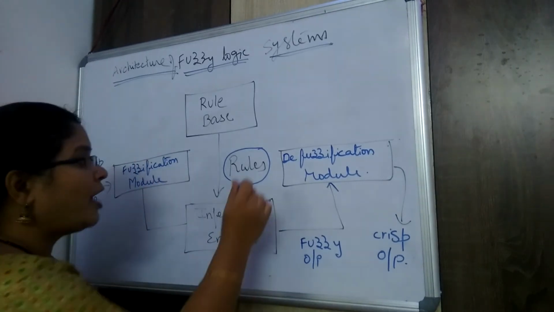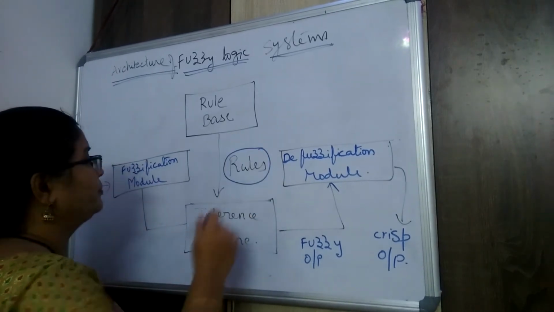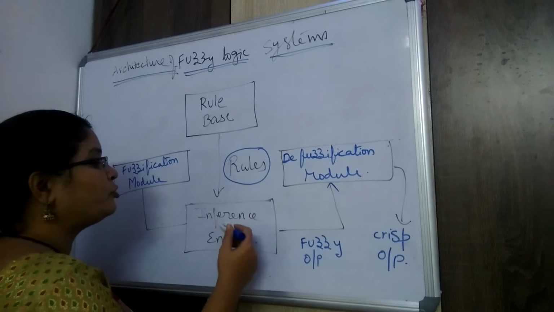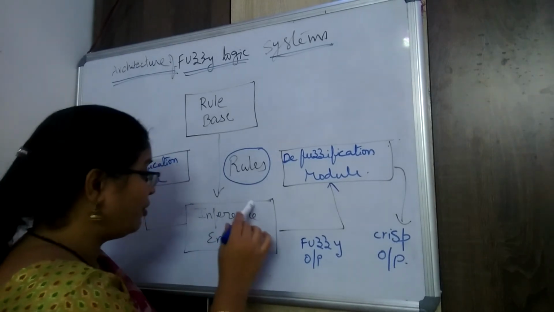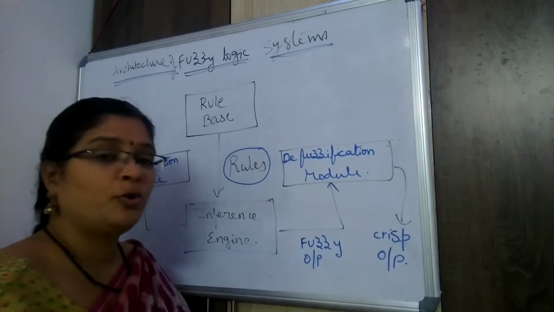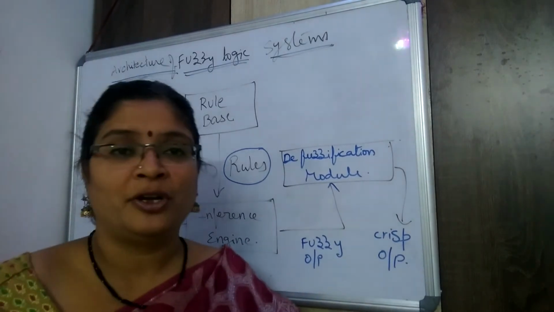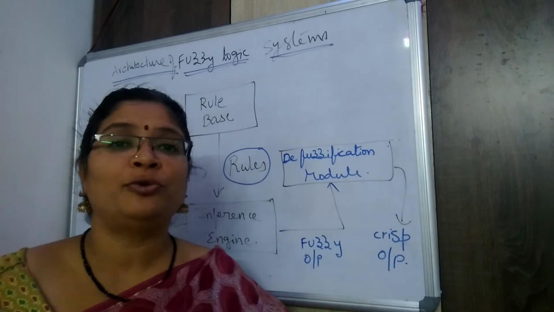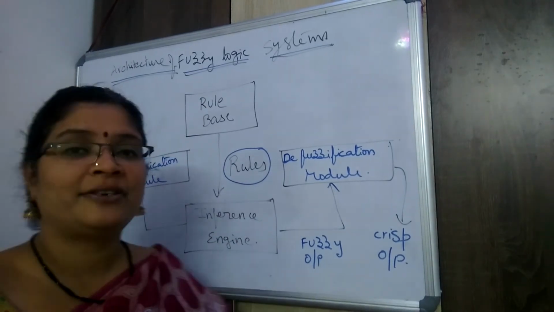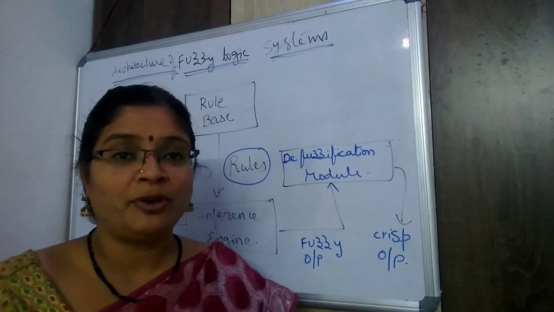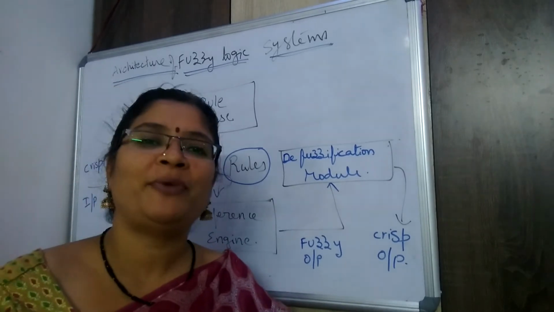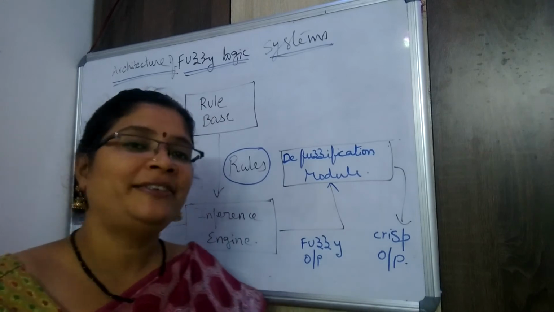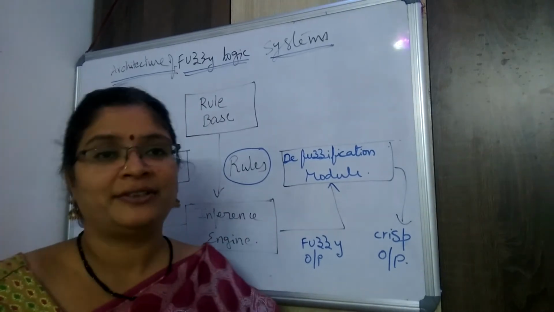Next, that's why I have given here the rules. And these rules are used in the inference engine. The inference engine is one of the important components which is going to process all those rules. Whatever rules we put in our rule base will be processed in the inference engine. It is processed for a respective input to the respective output, how it will be given based on the rules. This is the activity of the inference engine.